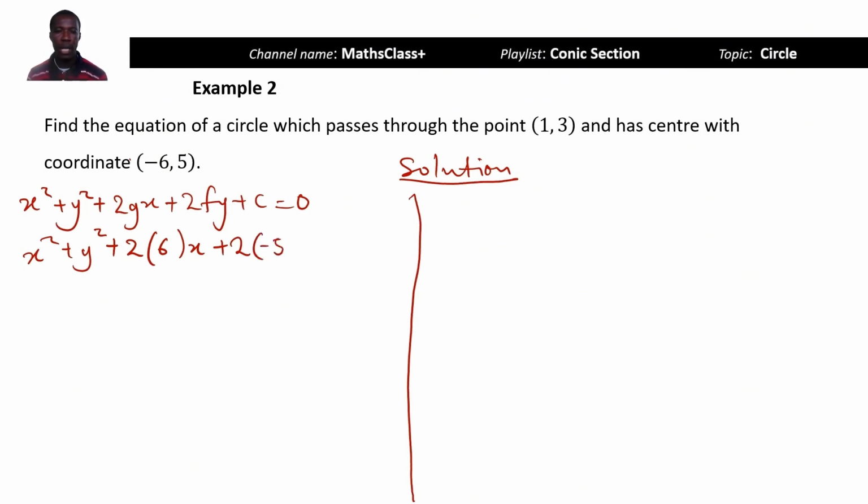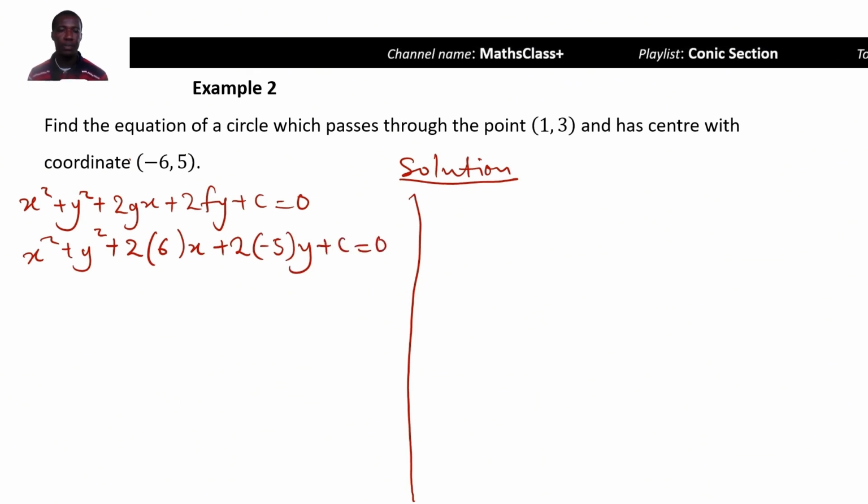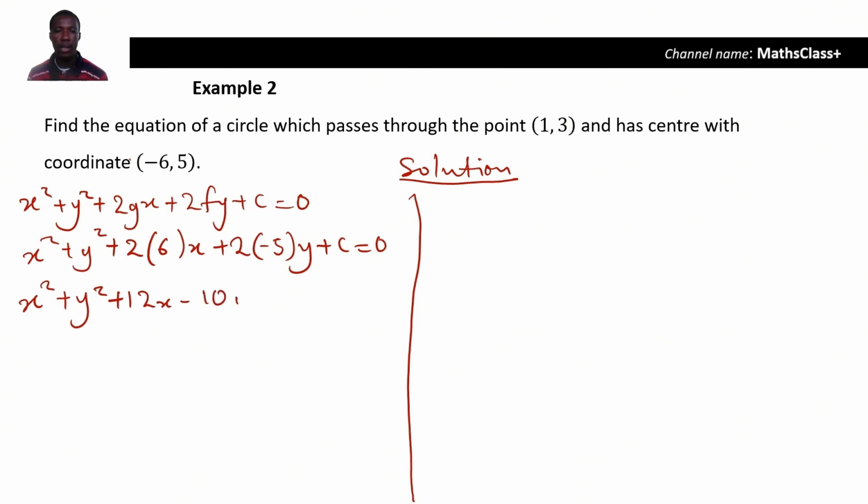So we have it like this, plus c is equal to 0. So we have x squared plus y squared plus 12x minus 10y plus c is equal to 0. That becomes the equation of the circle. However, we need to find the constant c.